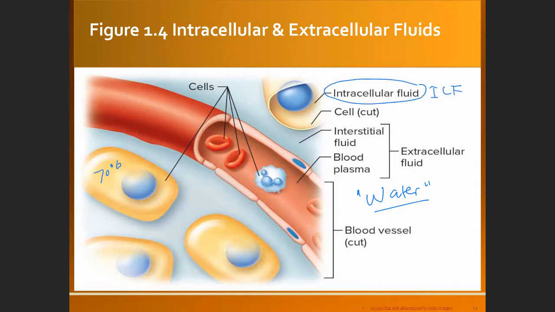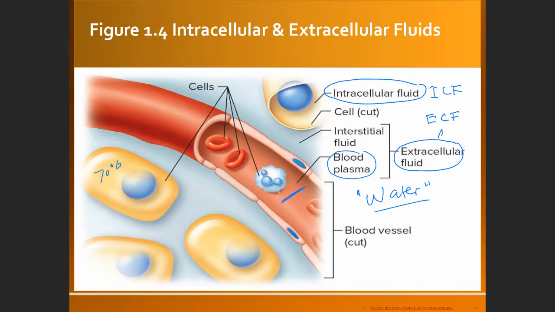And then outside the cell, between one cell and another cell, there is also fluid. It's called the ECF, extracellular fluid, that can be several types. If it is inside the blood vessel, the extracellular fluid is called the blood plasma.